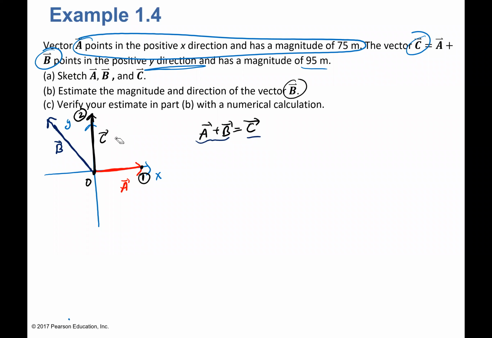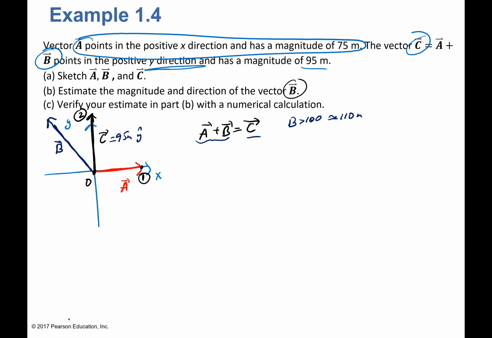Okay. That means I can figure out from here that, with the given information, vector B is a vector pointing in the second quadrant. From what I can tell by just looking at it, vector B is a little bit longer than vector C, and vector C has a magnitude of 95 meters in the y hat direction. So my estimation is that B is greater than 100, maybe roughly 110 meters.